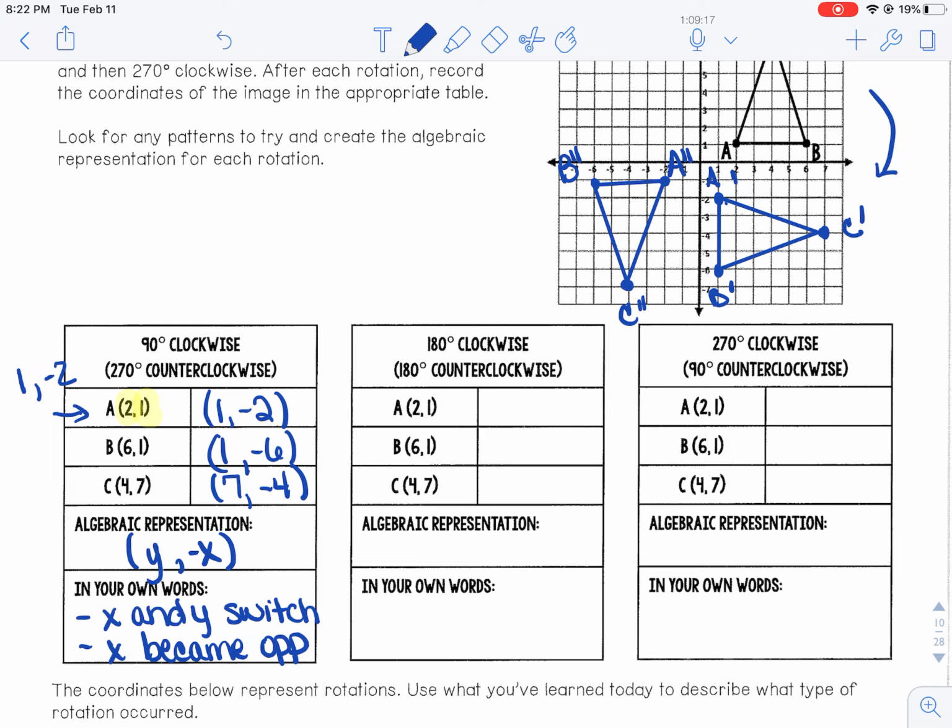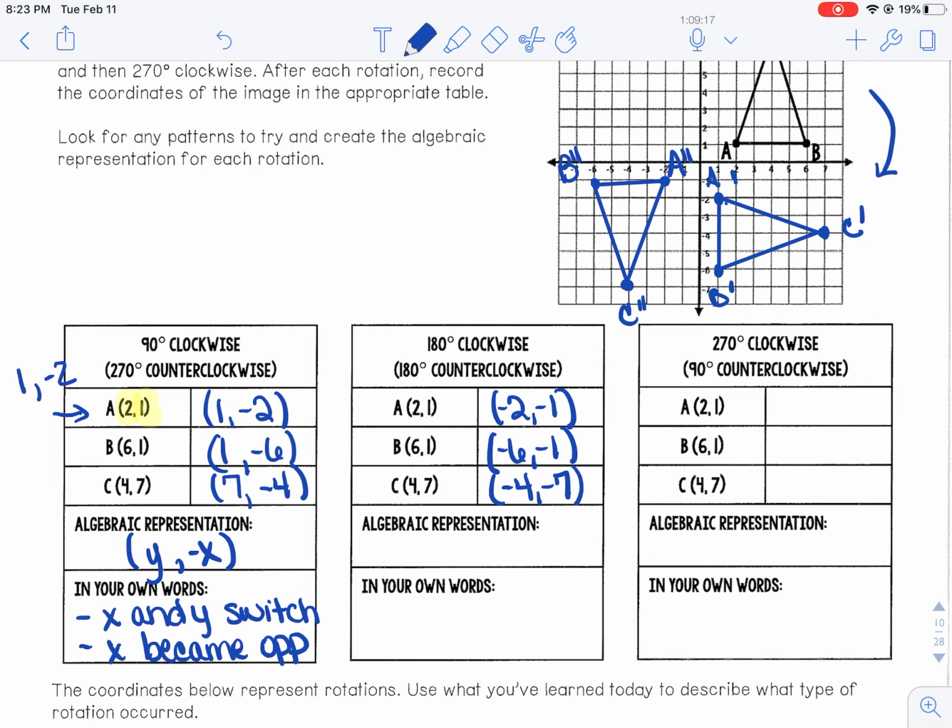All right, so let's look at the coordinates when we did a 180 degree counterclockwise or clockwise turn. The A prime became -2, -1. B became -6, -1. And C became -4, -7.